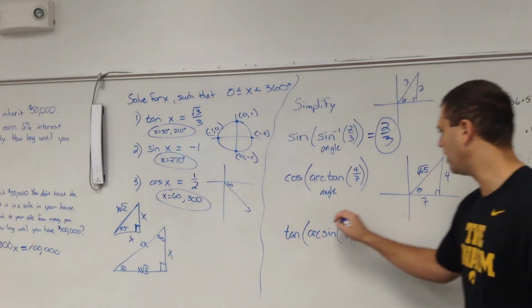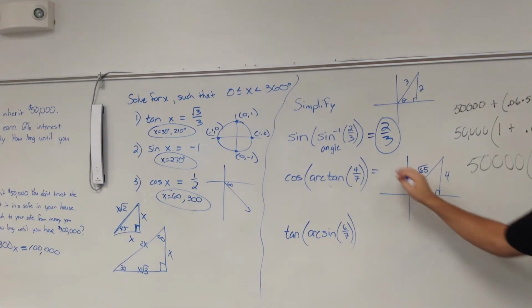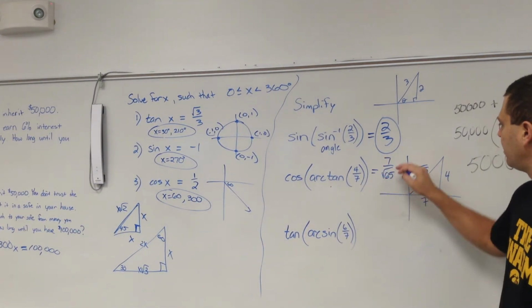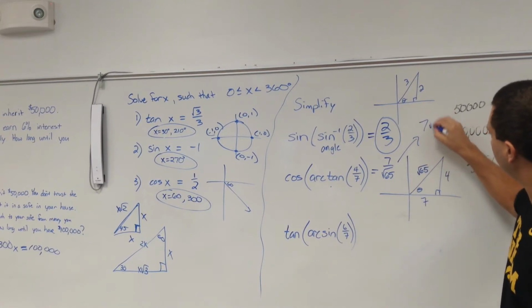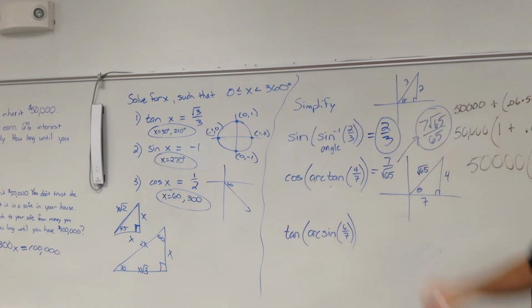So now I know that the answer to this will be 7 over root 65, or 7 root 65 over 65. Okay?